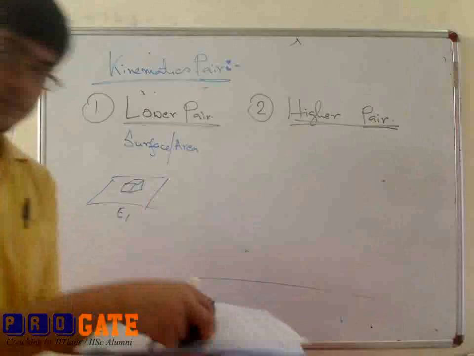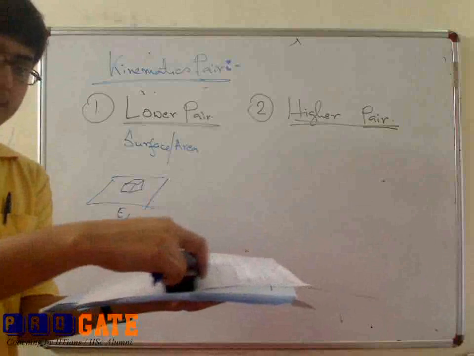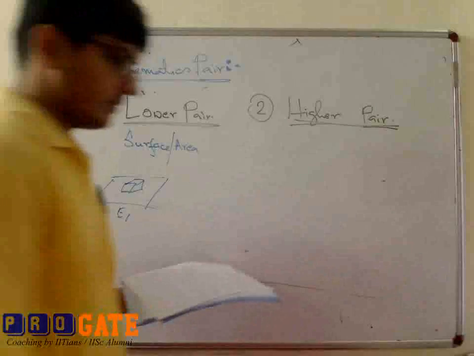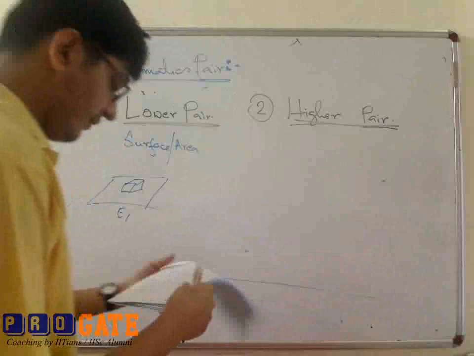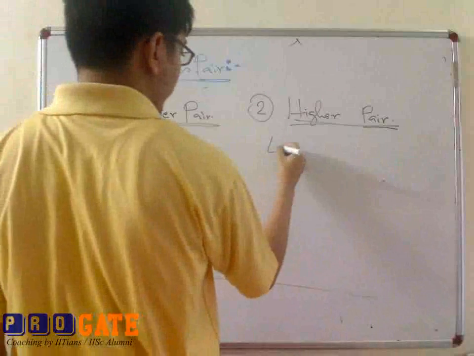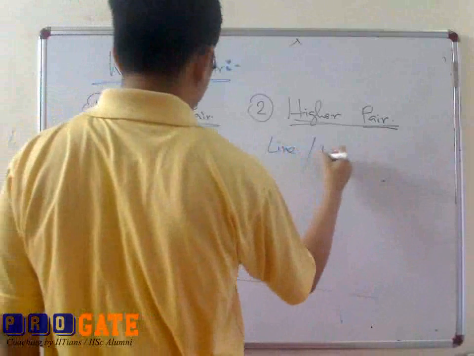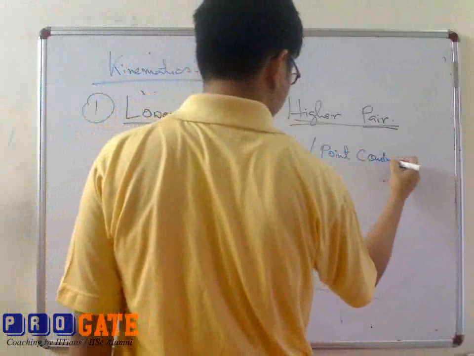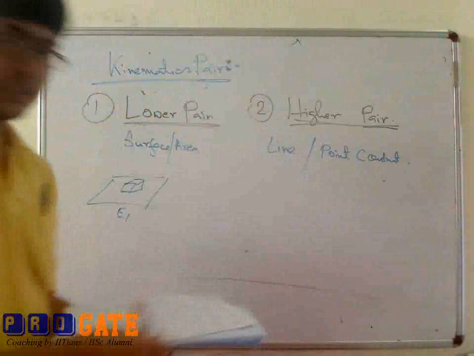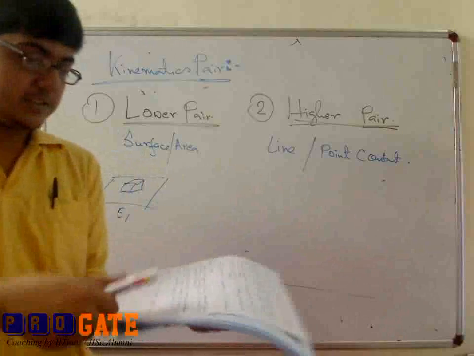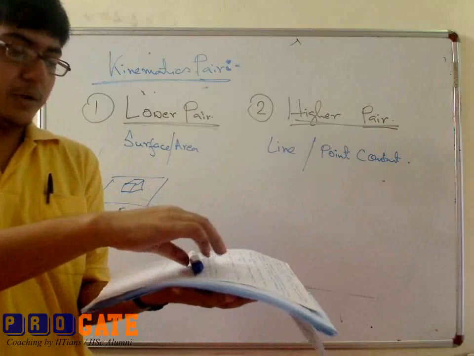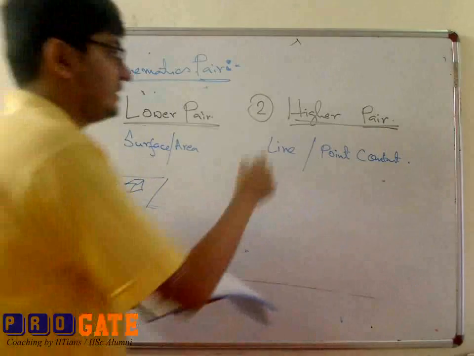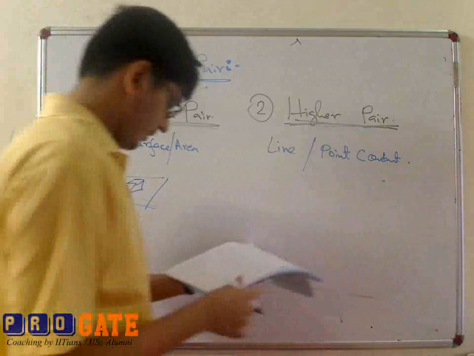So this is known as the lower pair. Now the higher pair deals with when there is a line or point contact. So this is the cylinder, this is the surface. In this case, the contact between this cylinder and the surface is a line. So this is a higher pair.